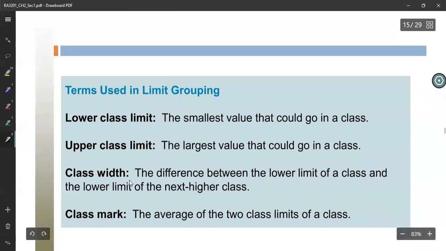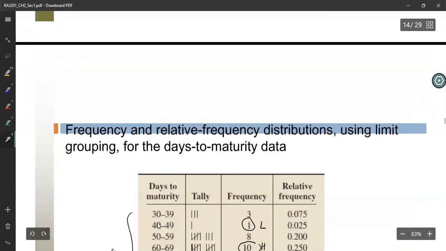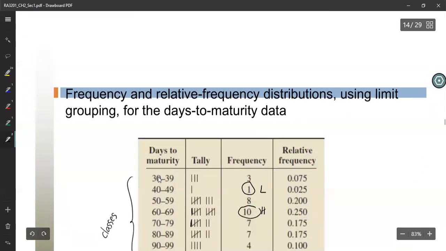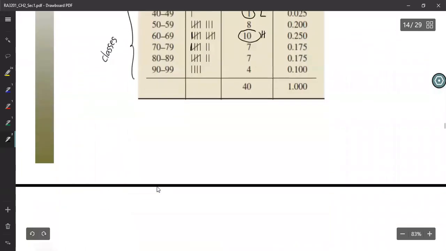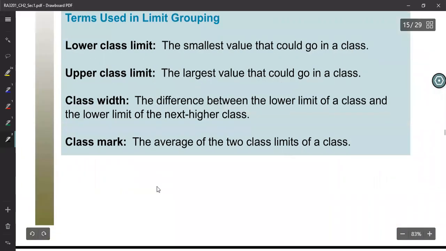Then the class width is the difference between the lower limit of a class and the lower limit of the next higher class. For the first class it is 30 and the next lower limit is 40. So 40 minus 30 is 10. So the class width will be 10 in our case.